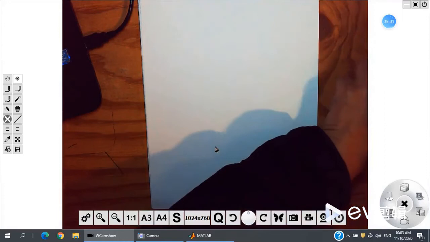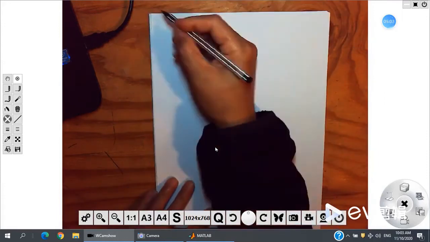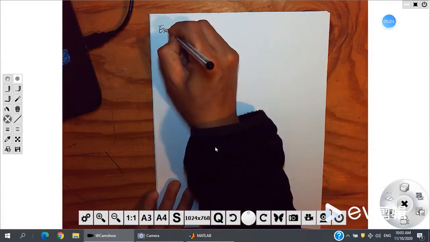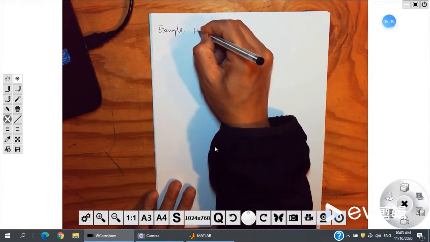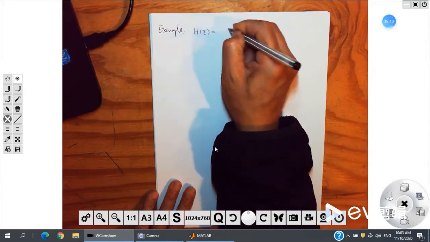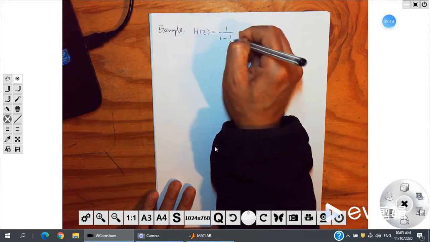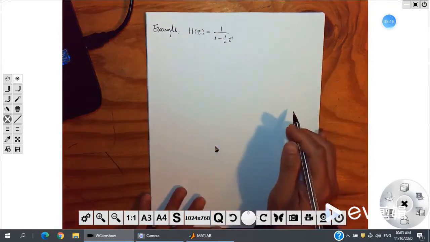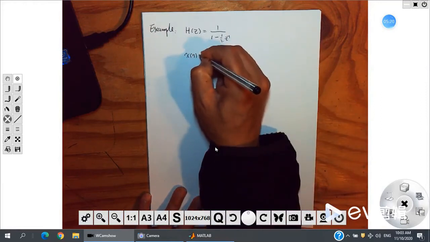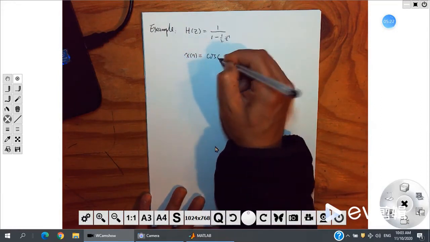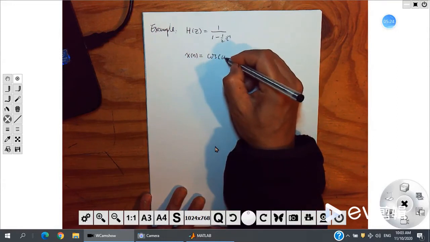Example. The first one: I use h of z equal to 1 over 1 minus half z to the negative 1. I think last time I used this one, right? And x of n is a cosine signal with omega 0 n.